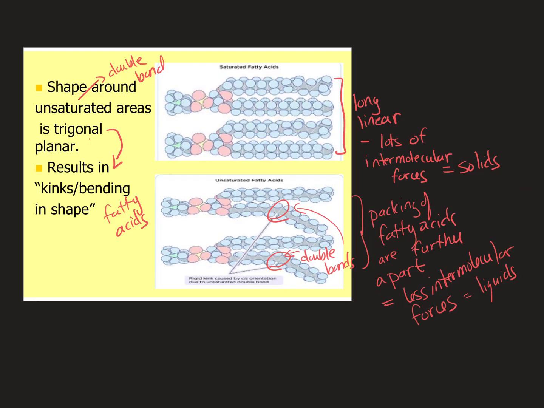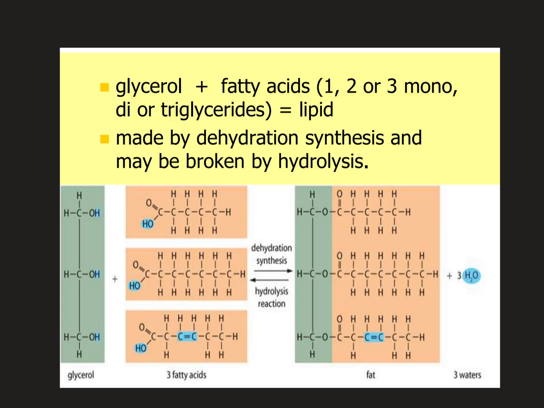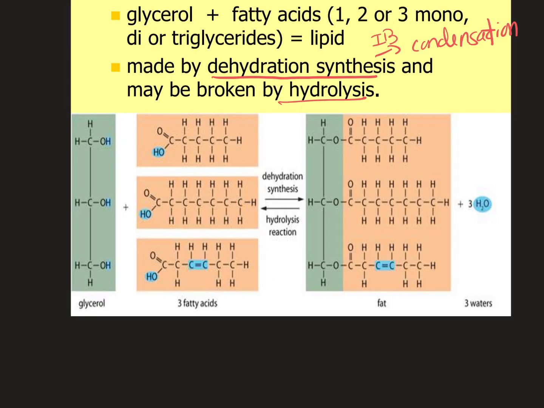Okay, one more slide. Just like with our carbohydrates, lipids are made by dehydration synthesis, or IB speak, condensation reactions, and broken down by hydrolysis. So here you get a chance to see there is your glycerol, right?